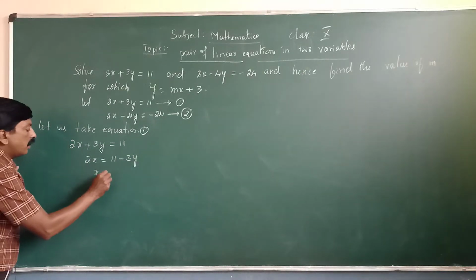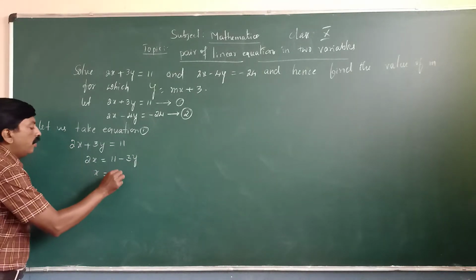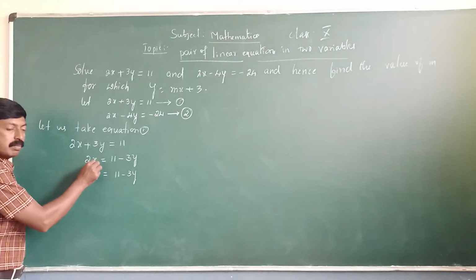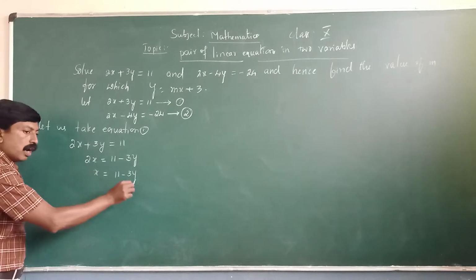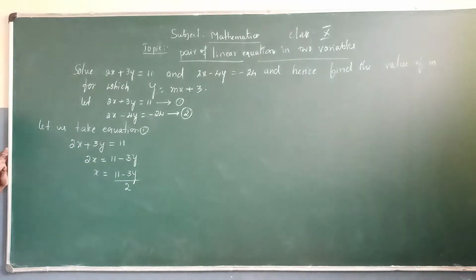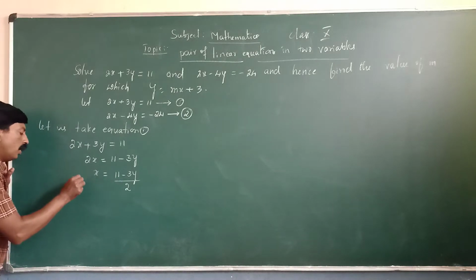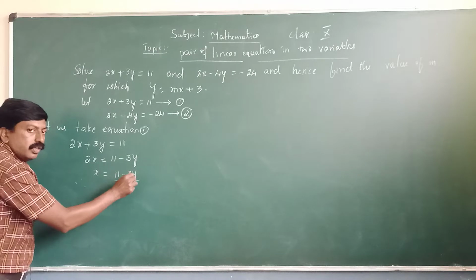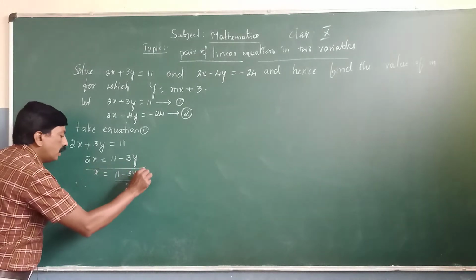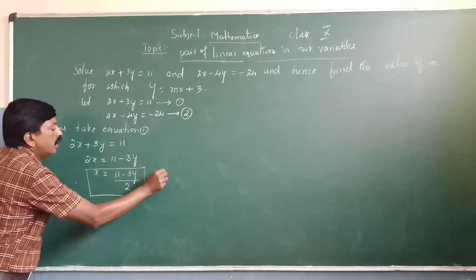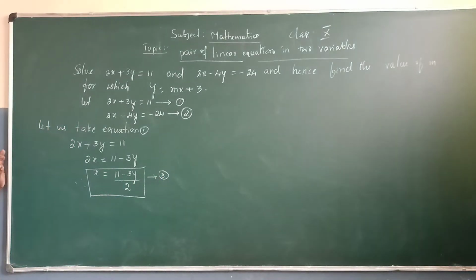Then 2x is equal to 11 minus 3y, but we want the x value, so 2 goes to the denominator. Therefore, x is equal to 11 minus 3y divided by 2. Call this equation 3.